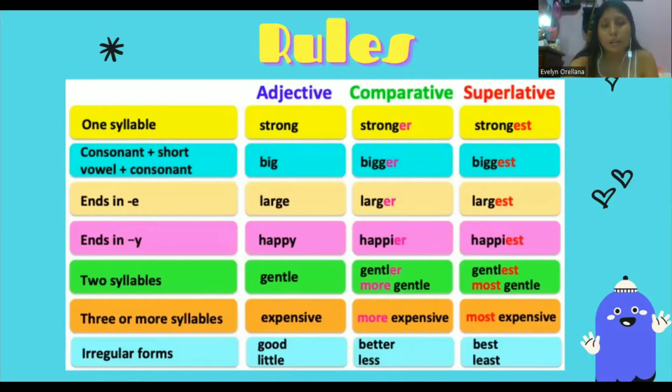Ends in y: happy, comparative happier, superlative happiest. And two syllables. Example: gentle, comparative more gentle, superlative most gentle, and others.